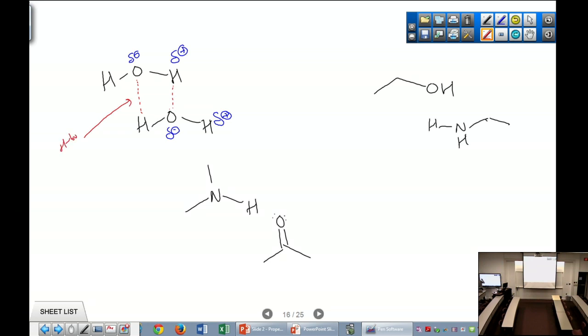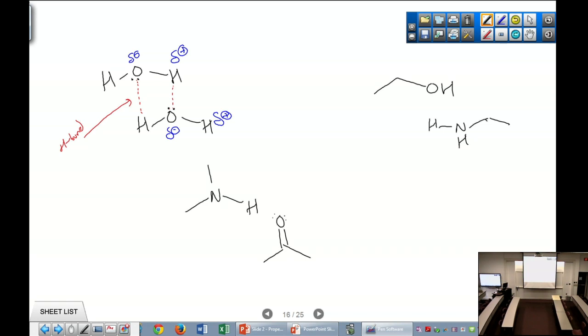Now the hydrogen is slightly positive because it's bonded to an electronegative element, and that electronegative element is slightly negative. So this positive charge is attracted to the lone pair. Your hydrogen bond actually goes to the lone pair on your other molecule, which makes sense because the lone pair is where the electrons are, and that's where your greatest amount of negative charge is located.